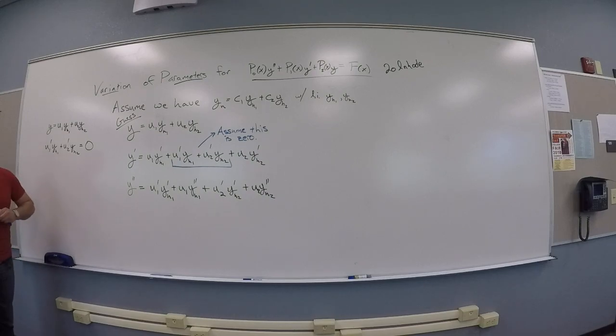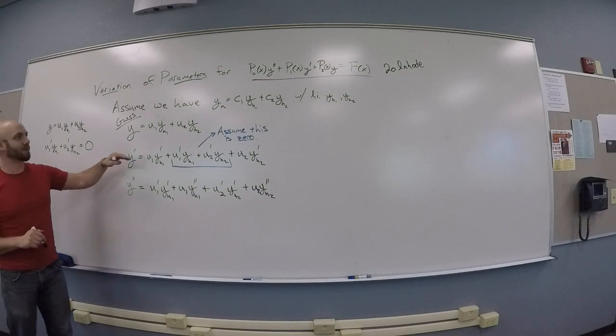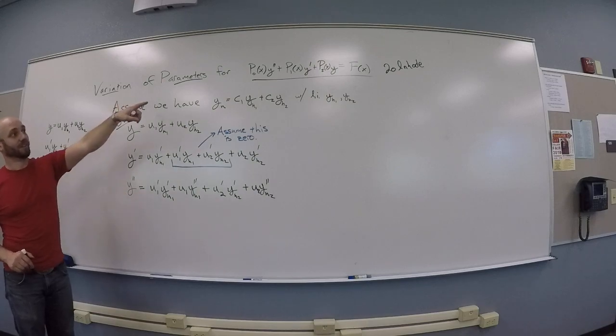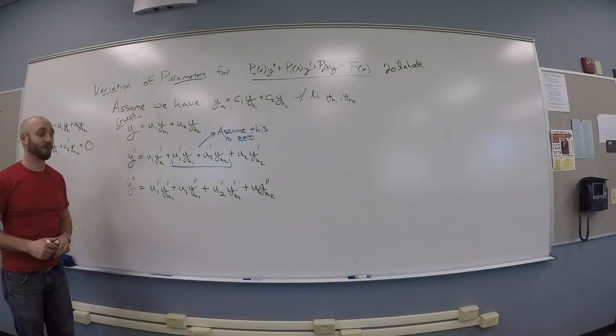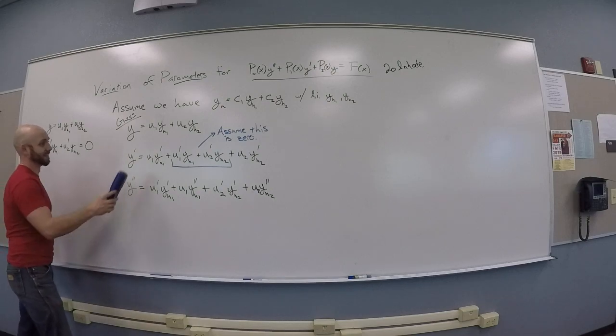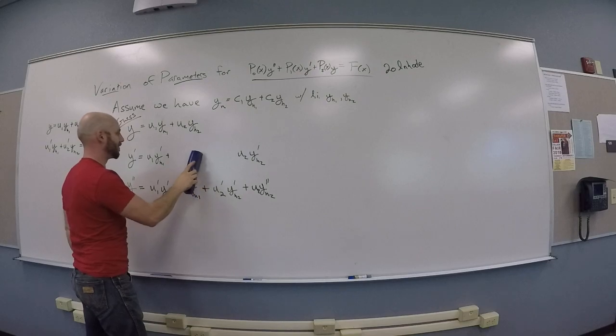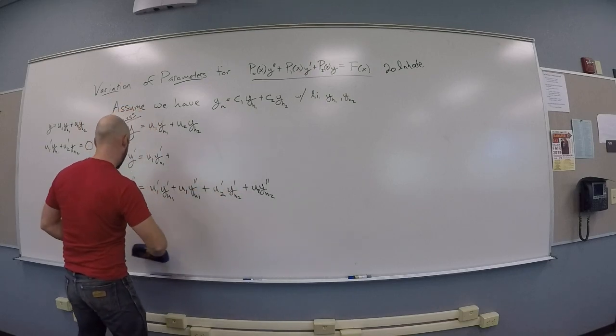And now the reason I'm writing that down over here is that I have to plug all this junk into the original equation. So hold on to your seats. So I'm going to dump the blue thing that I assumed was 0. Scoot this guy over.